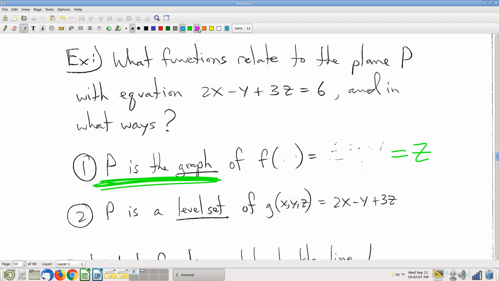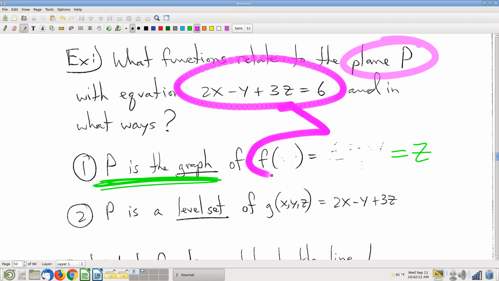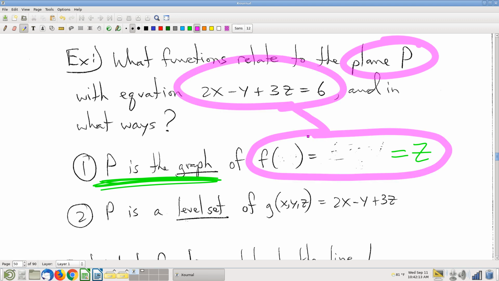Well, let me remind you, the plane P is described by that equation. If I want to get that plane, I need the resulting equation to be equivalent to what I've got there. If it's going to be equivalent, then I need this z to be the same as that z.